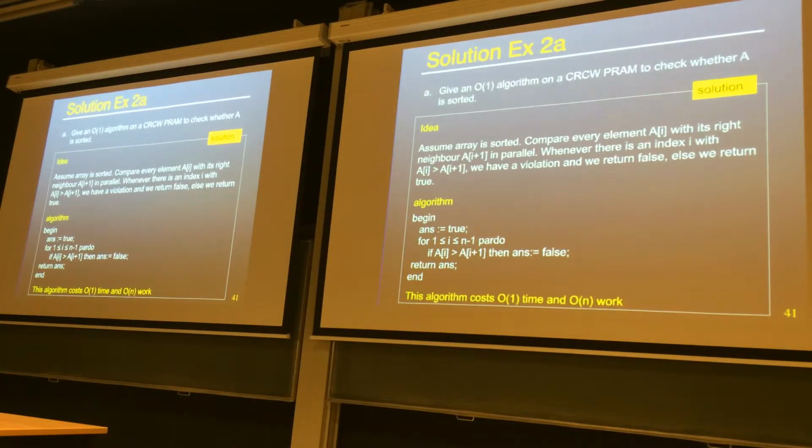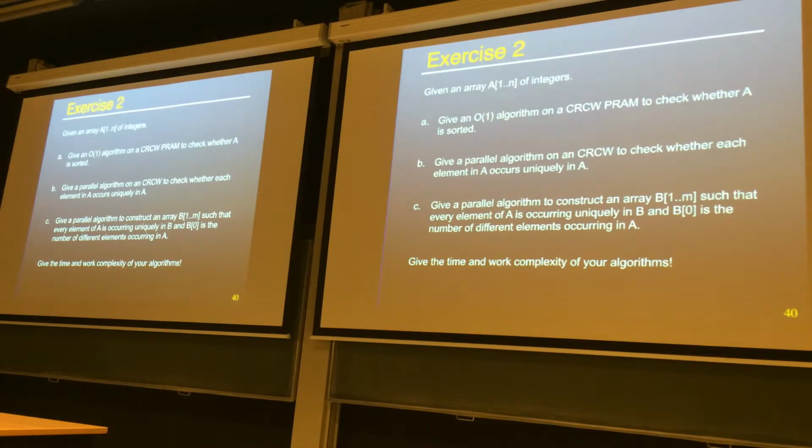Okay. Let's look at the second question. So give a parallel algorithm on a CRCW to check whether each element in A occurs uniquely in A. How would you like to solve it?